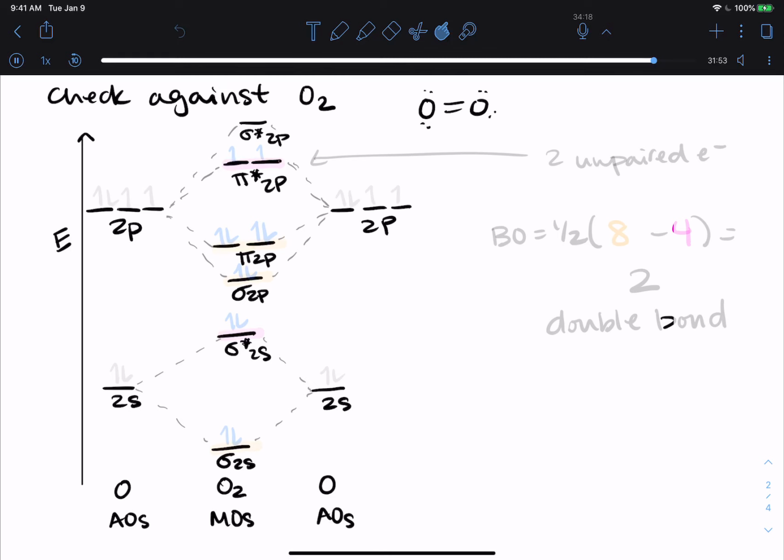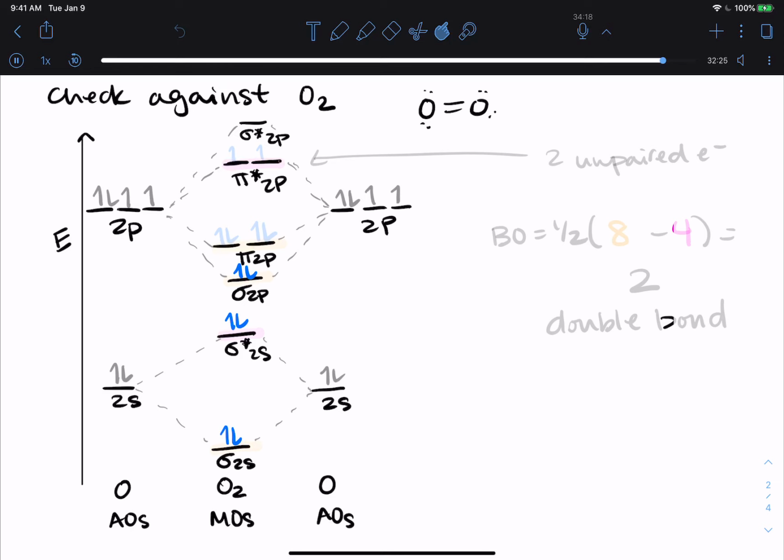So oxygen has 6 electrons per atom, right? 1, 2, 3, 4, 5, 6. 1, 2, 3, 4, 5, 6. So I have 12 electrons to put in my molecular orbitals. Starting at the bottom, 1, 2, 3, 4, 5, 6. Ooh, I have 2 orbitals at the same energy. I have to follow Hund's rule.